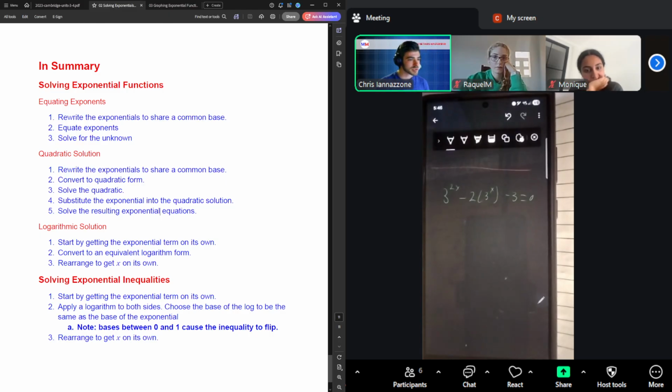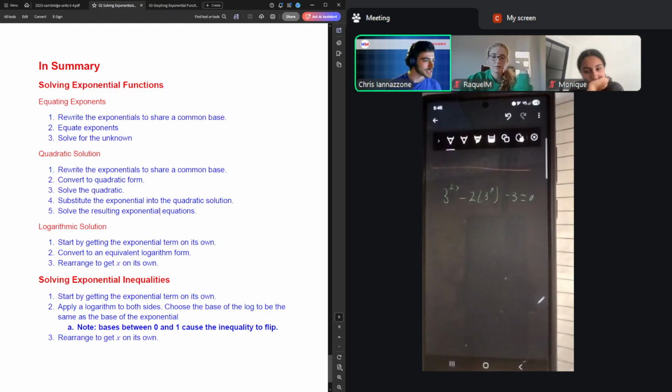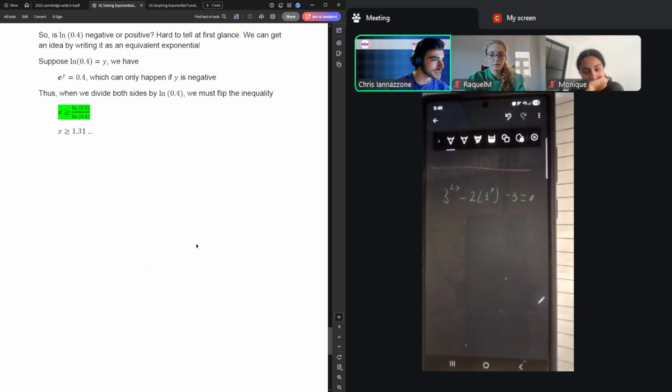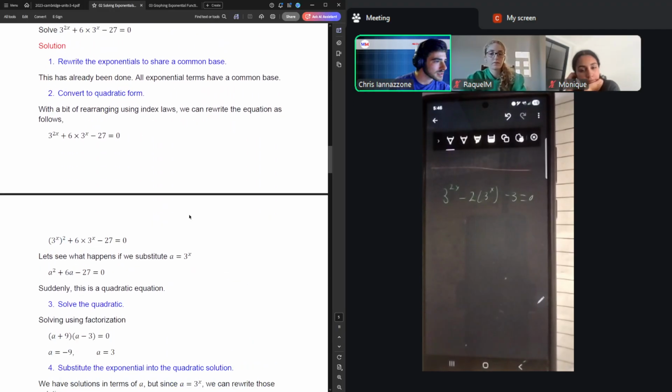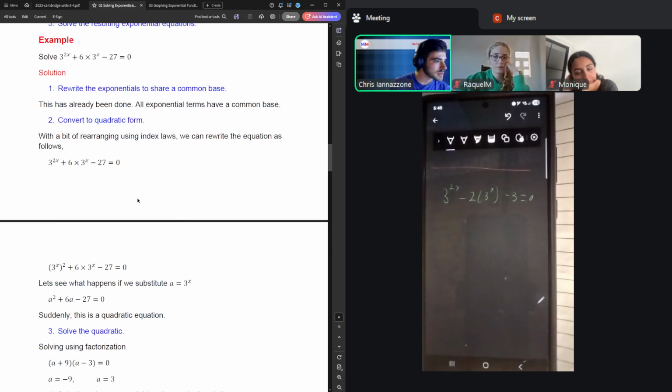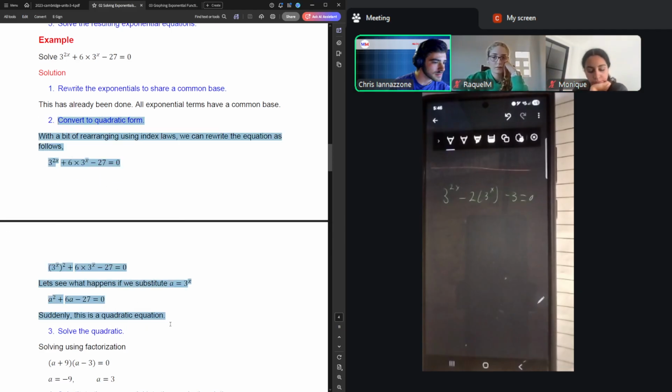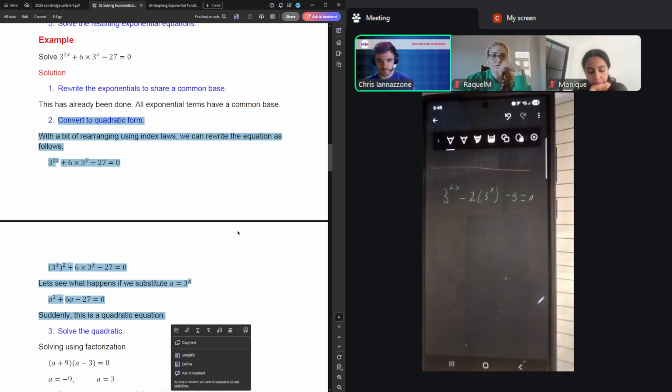Step 2 is convert to the quadratic form, which I can appreciate probably sounds a bit challenging just by looking at the wording. So maybe what I'll do is show what that actually looks like from here on. A very similar question, actually. Let's see if we can get it.